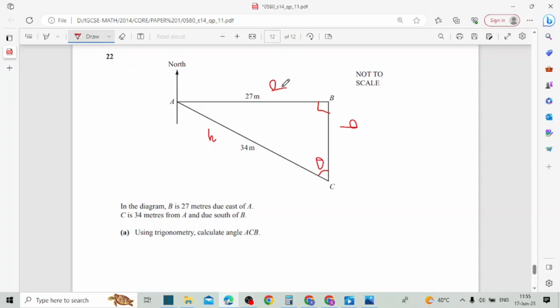Perpendicular over hypotenuse forms sine theta. Here the angle opposite to the perpendicular is theta.